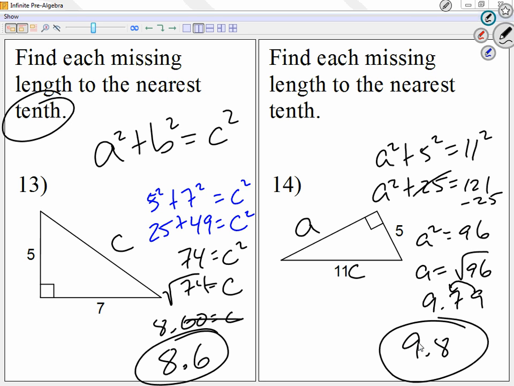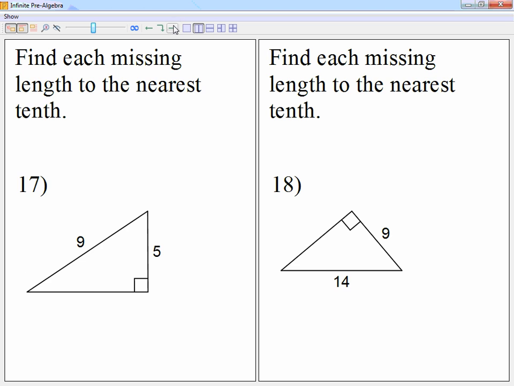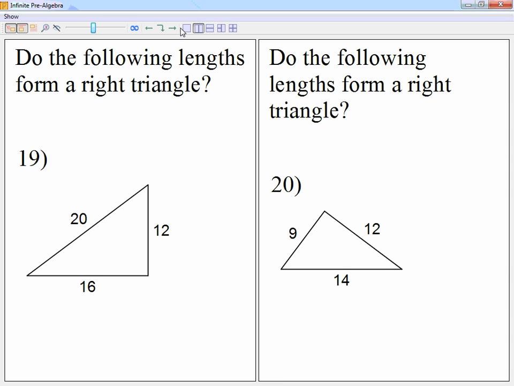So you guys have, on the review from 13 through 18, on the final, there's 4 of these. Any questions on this part? Then we move into number 19.